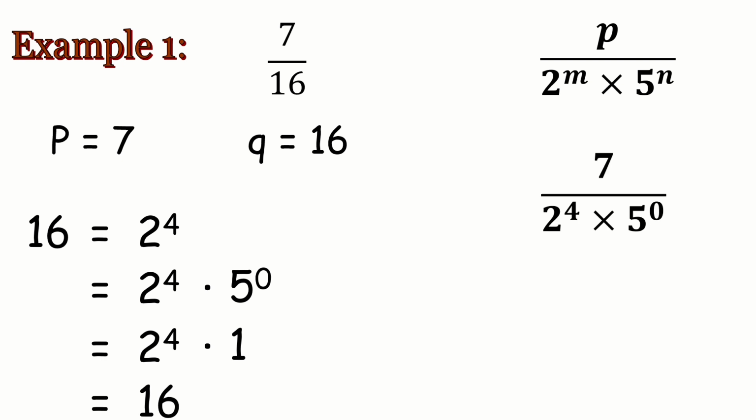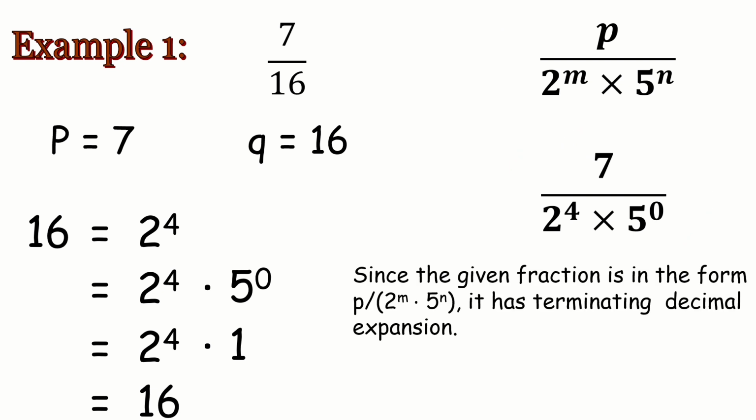So our new answer is 7 over 2 power 4 times 5 power 0. Yes, this is a terminating decimal expansion. 7 over 16 is a terminating decimal expansion. That means if it's expanded into decimal form, it will terminate.